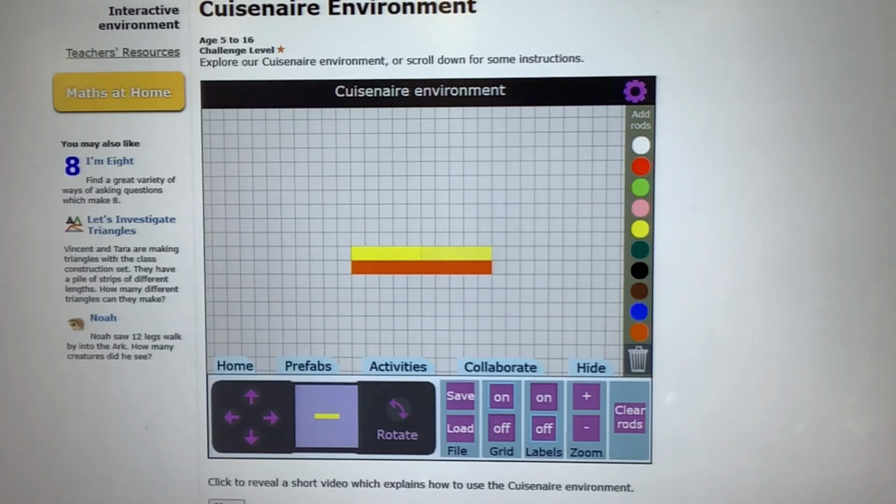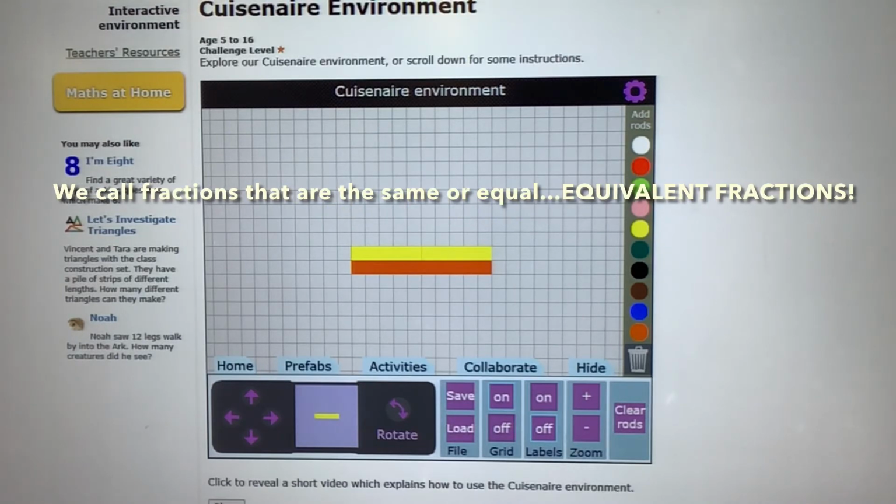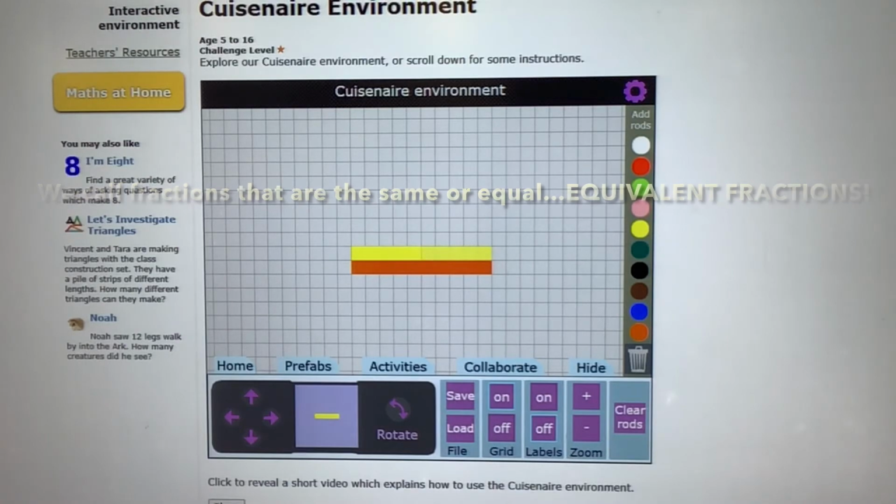If I add 2 yellows, what is 1 yellow worth? I've got 2 halves. What's half of 100? That's right. My yellow is worth 50. 50 hundredths, which is the same as a half.